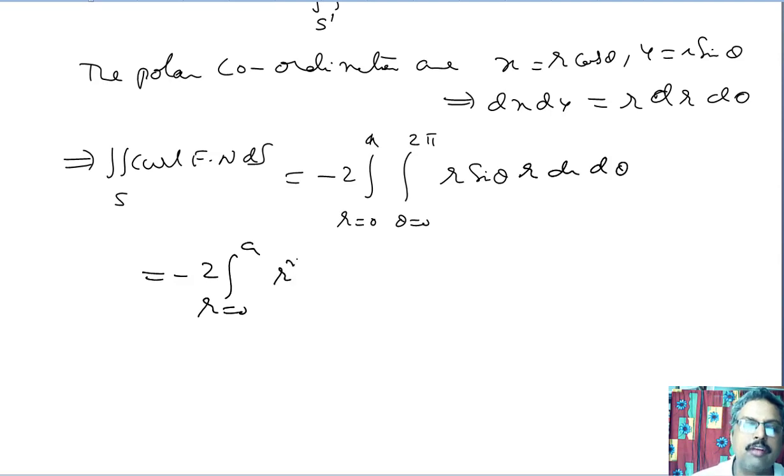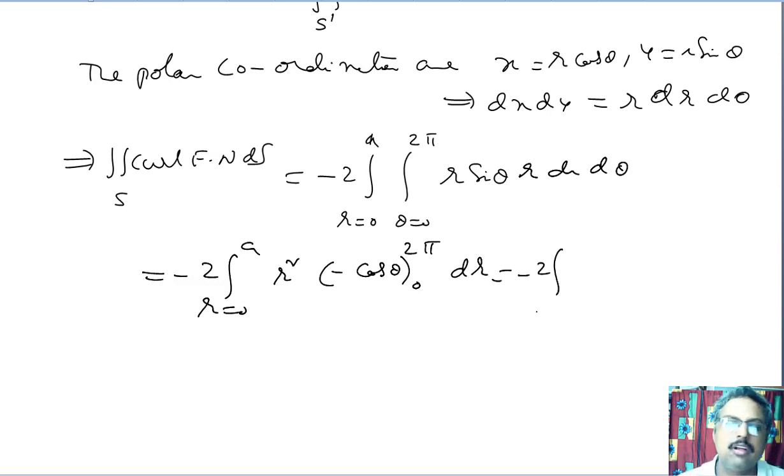r is 0 to a, so r square into the integration of sin theta, which is minus cos theta, from 0 to 2 pi, dr. Now minus 2 into r from 0 to a, r square into, if you put theta equals 2 pi, minus 1 plus 1, so the integral value is 0.